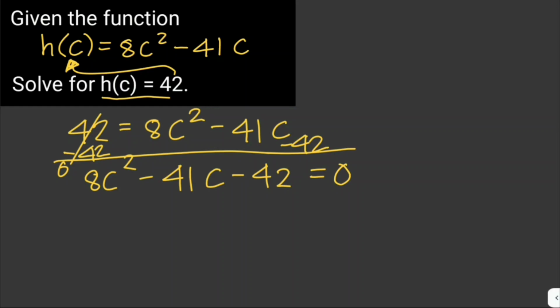Now we can factor this and then equate each factor to 0 to solve for the value of c. Again, using the AC method in factoring, this would be 8c plus 7 times c minus 6 equals 0.